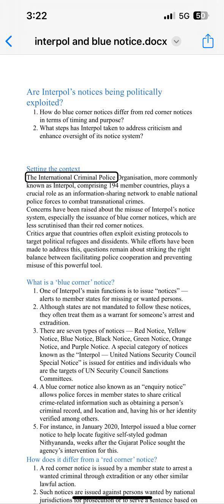Now, what is Interpol? As I said at the very outset, Interpol stands for International Criminal Police Organization, which is an international and intergovernmental organization. It has 196 members.